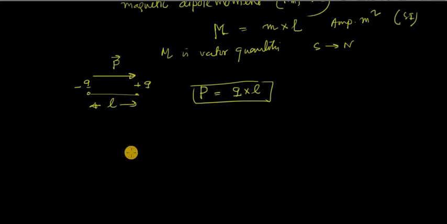Suppose this is a bar magnet with N and S. From the north pole, magnetic lines of force come out, and into the south pole, magnetic lines of force enter. That means magnetic lines of force come out from the north pole and enter into the south pole.